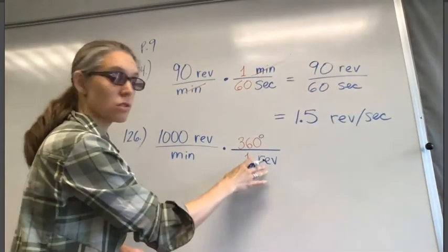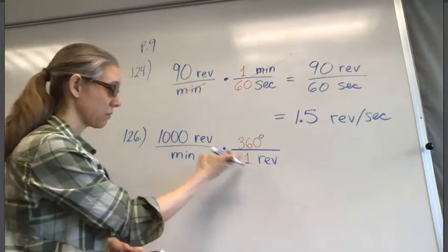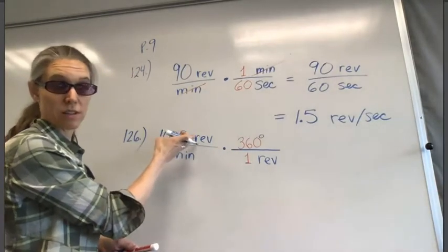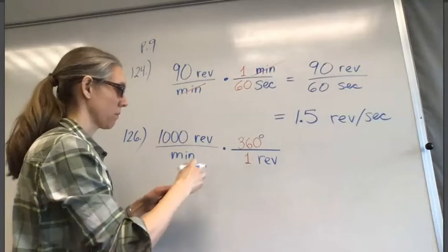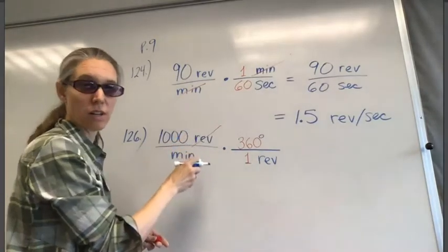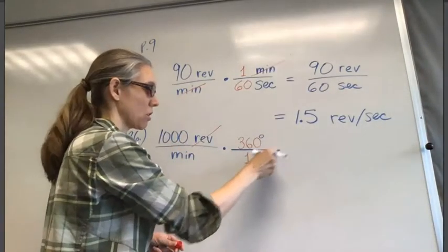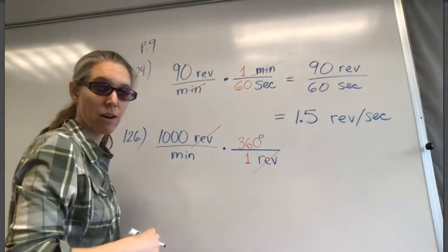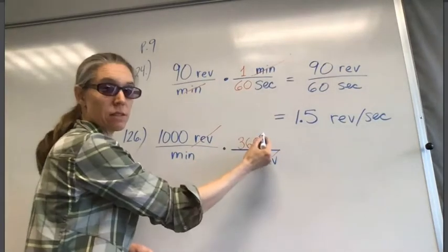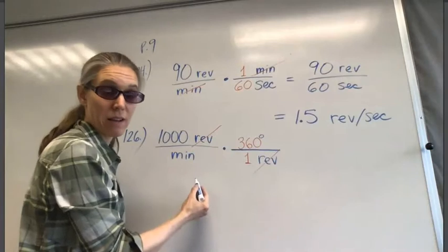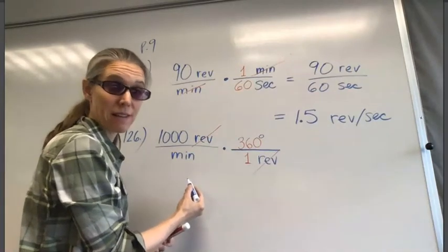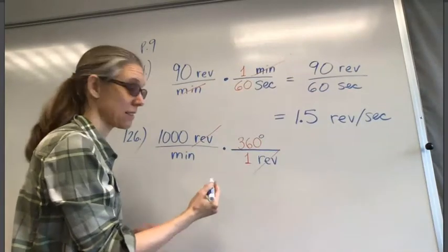I put revolution in the denominator because the revolution up here in the numerator needs to cancel with this revolution. Revolution in the numerator cancels with revolution in the denominator. Now my units are degrees per minute. I don't want degrees per minute, I want degrees per second.